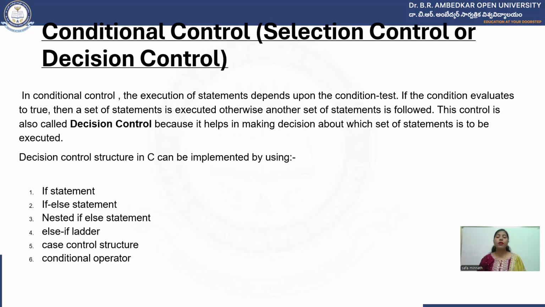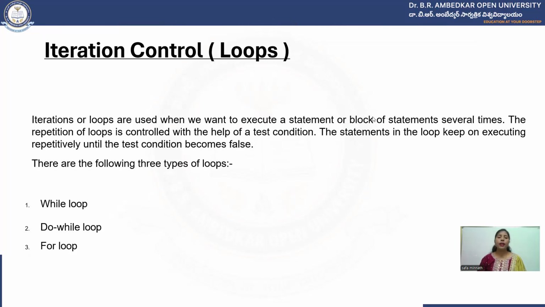Next, the third control we have here is iteration. Iteration means repeatedly: the statements you have given are to be executed repeatedly. That is called iteration. Iterations or loops are used when we want to execute a statement or block of statements several times.